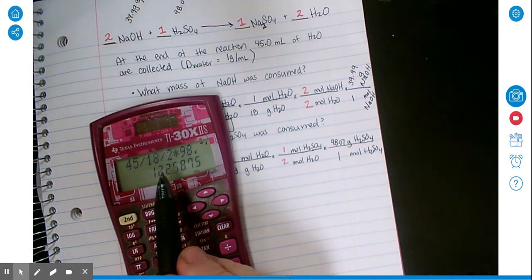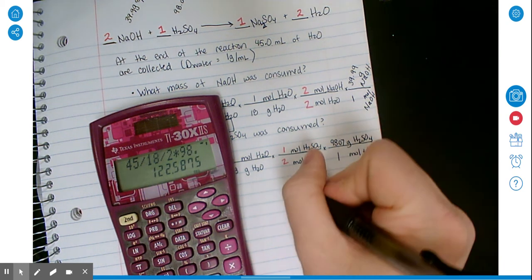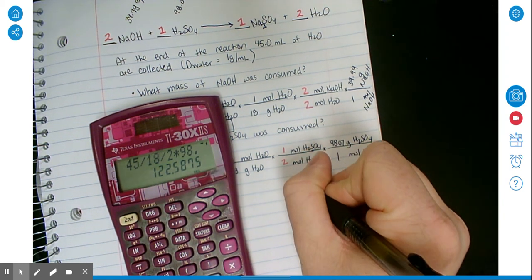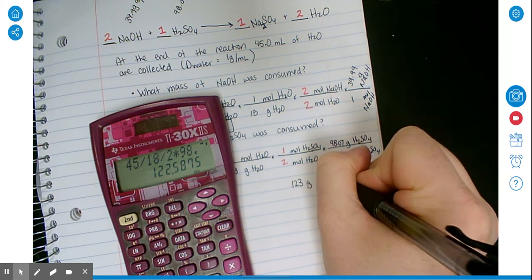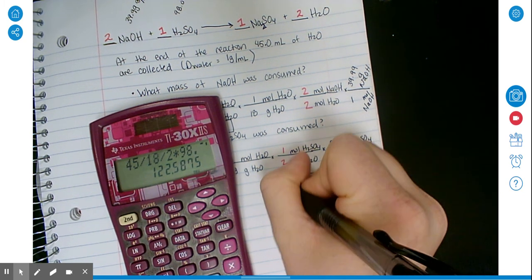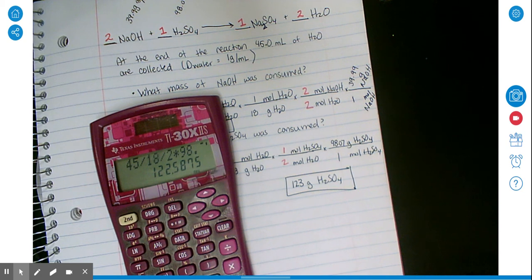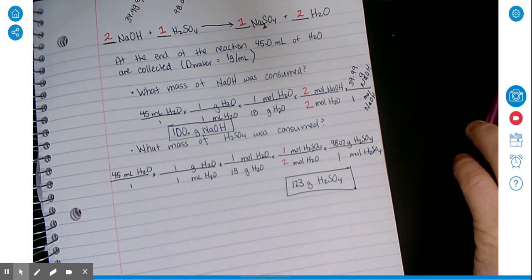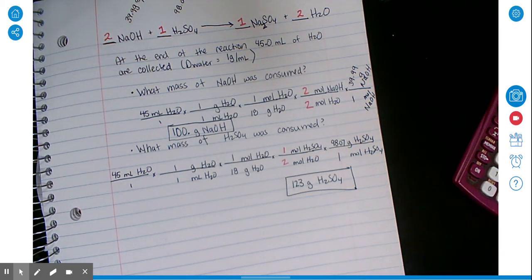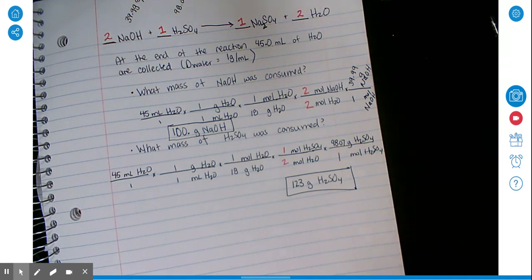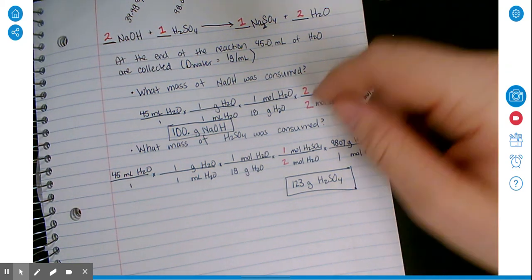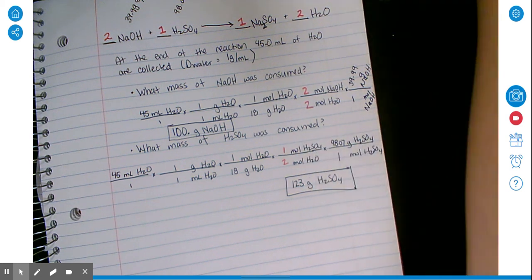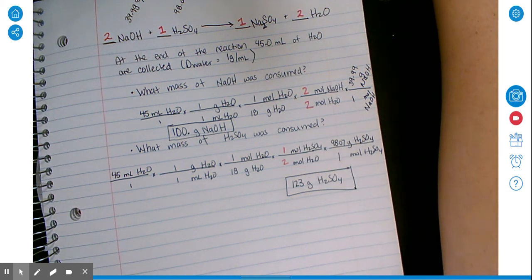I am going to make 122.5, or I'm going to use 123 grams of H2SO4. So there's your first kind of Stoich day, very similar to what we did in lessons 3, 4, 5, and 6. We're just adding in that conversion factor that allows us to convert between different elements in a reaction.